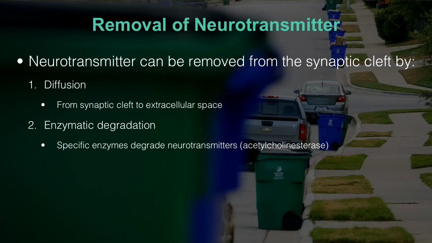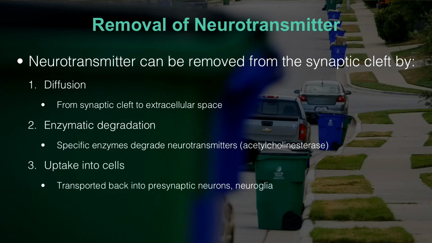So enzymes break down the neurotransmitter, or it's recycled. There are pumps on the presynaptic neuron that will take it back up because it doesn't want to run out. It wants to store that neurotransmitter again in vesicles that will allow it to send another nervous signal.